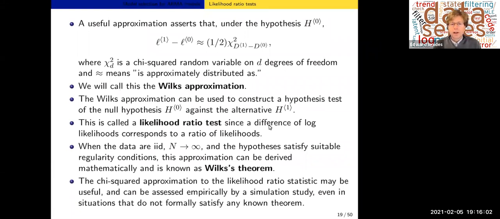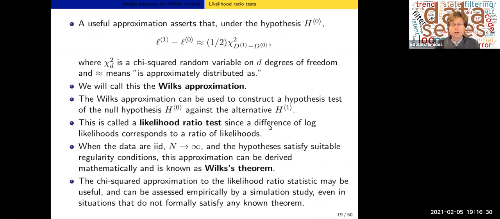Now, we come to the Wilks approximation, which is under the null hypothesis Theta 0. So if the smaller model is true, then L1 minus L0, that's the increase in the log likelihood from adding an extra parameter, is roughly half chi-squared d1 minus d0.